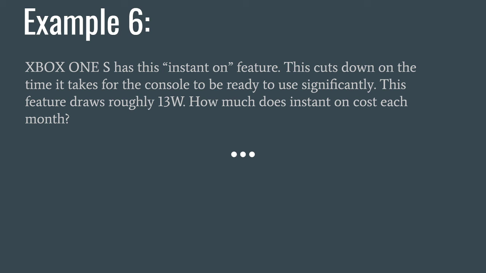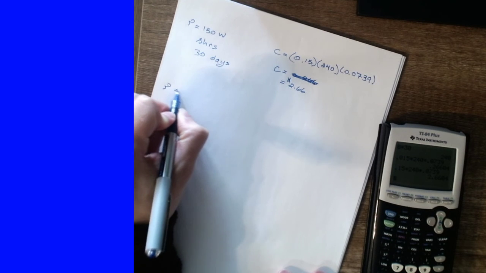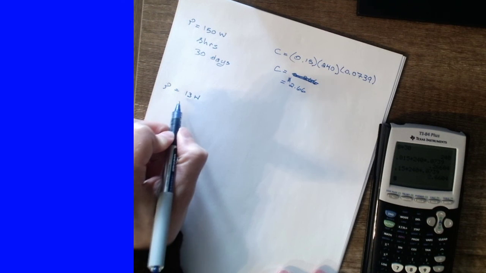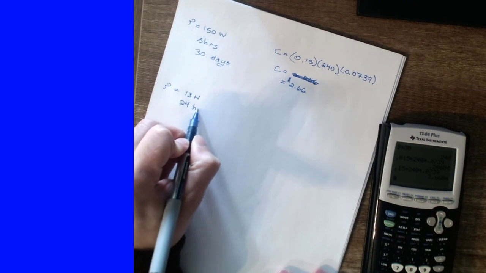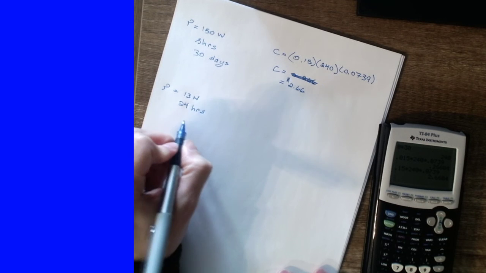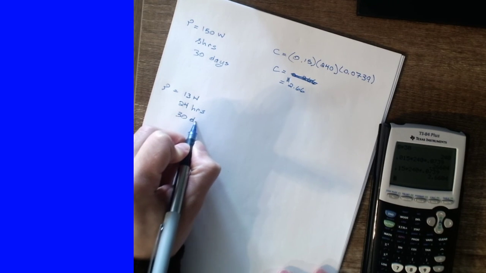How much does the instant on cost for each month? So the big key idea is the 13 watts here. So power is 13 watts. We're assuming that it's always on, so 24 hours in a day for 30 days.